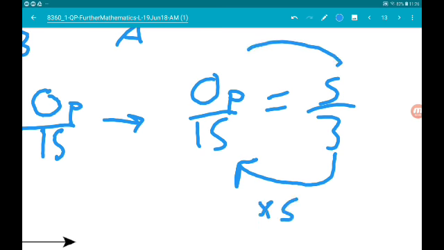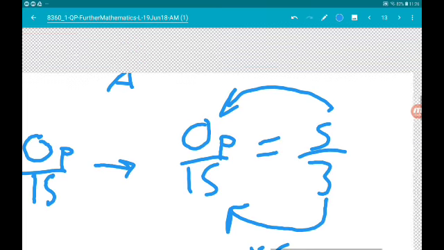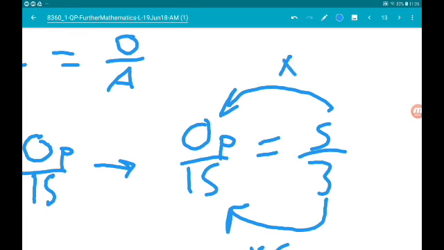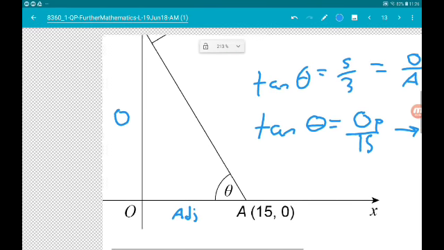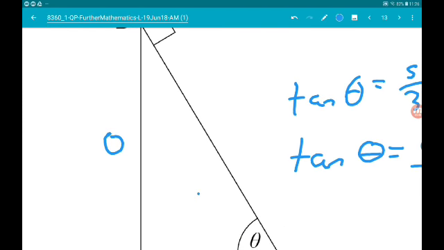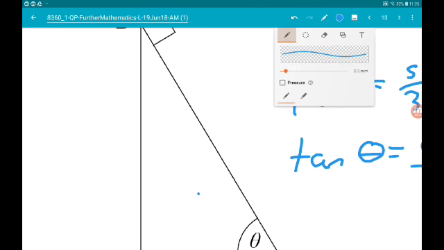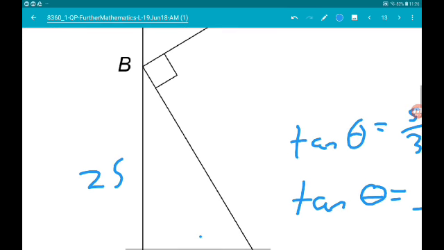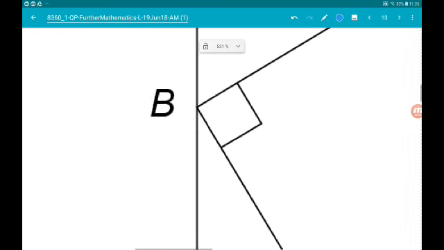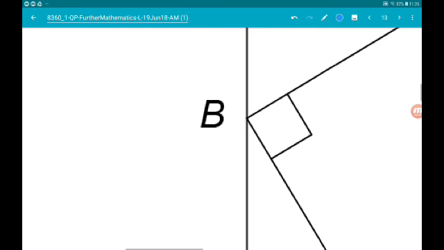So to get our value for the opposite, we times 5 by 5. So that tells us then that this height over here is 25. So now all of a sudden we know the coordinates at point B are 0, 25.